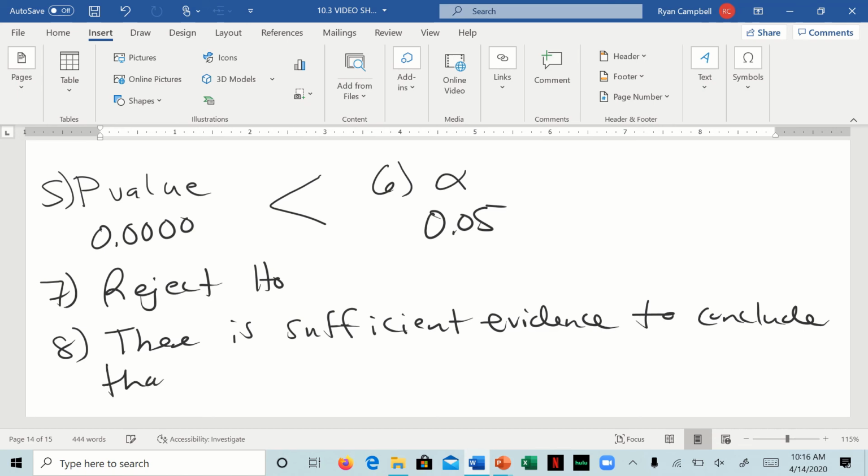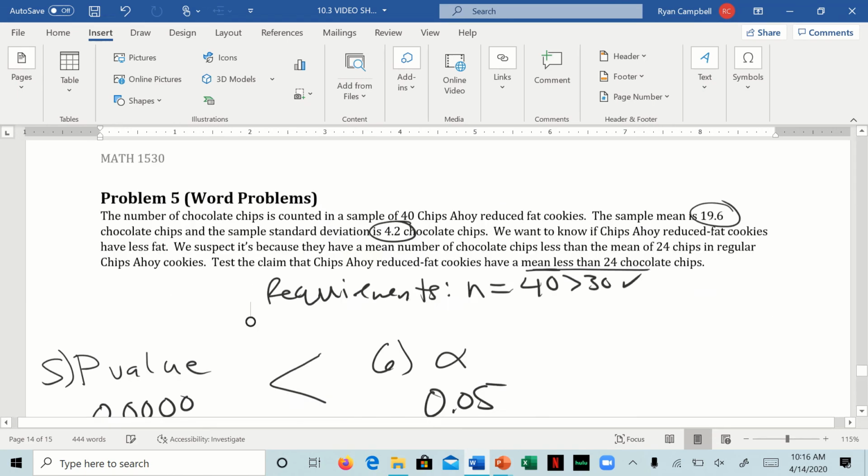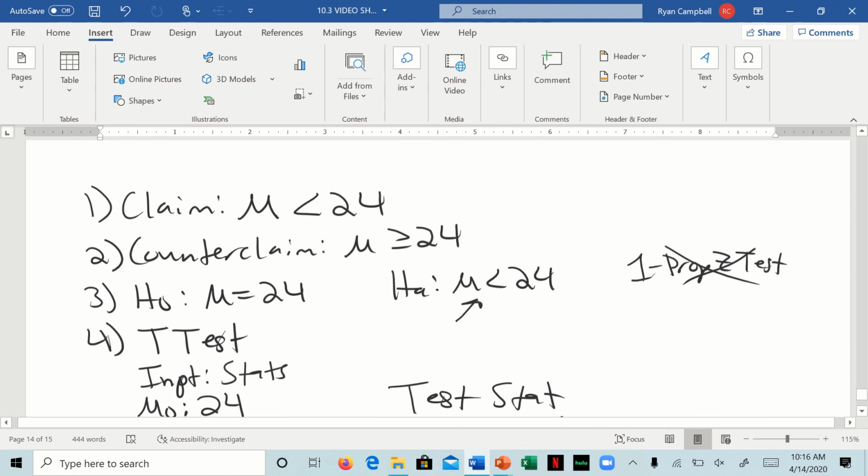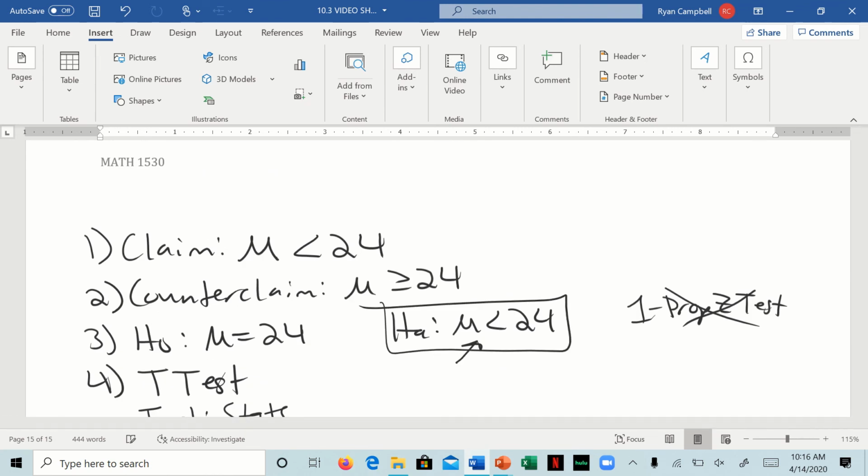To conclude that. All right, so what were we trying to conclude? Let's look at HA. Mu is less than 24, which is the same as our claim, right? So we can just restate the claim.